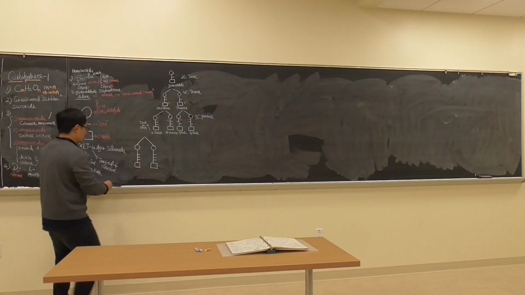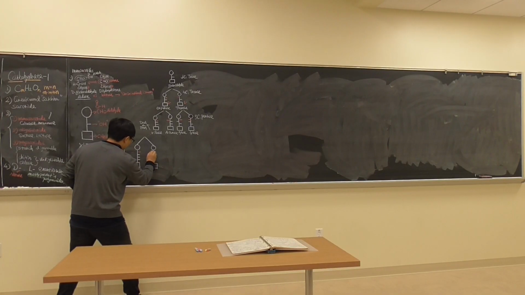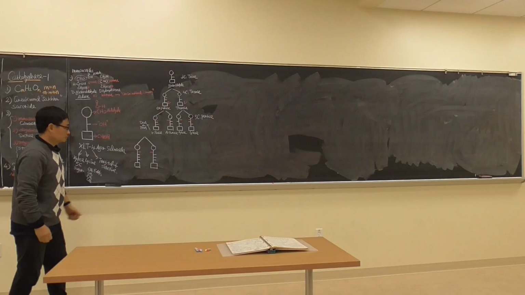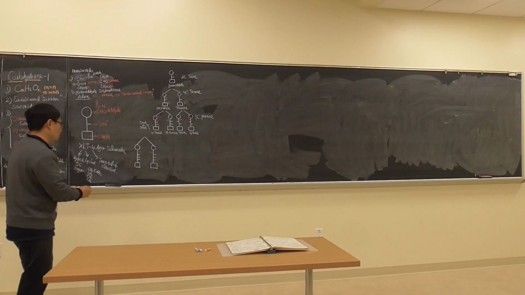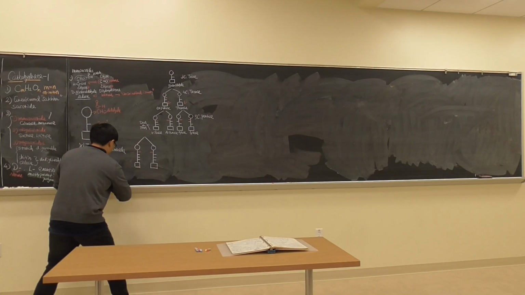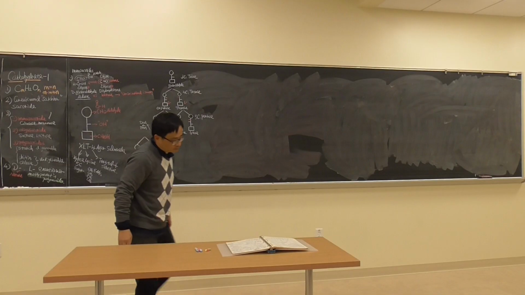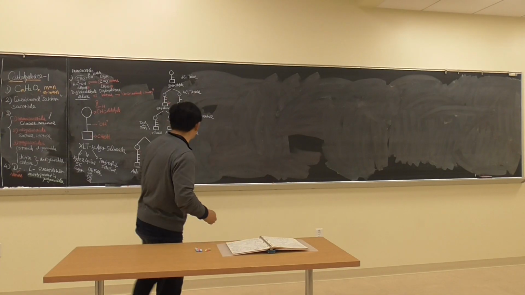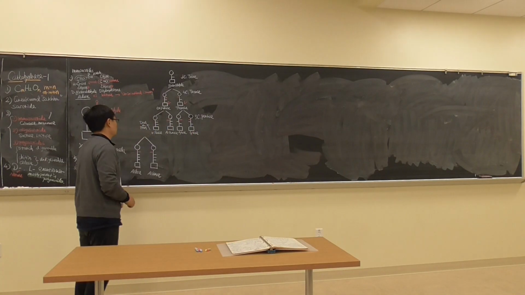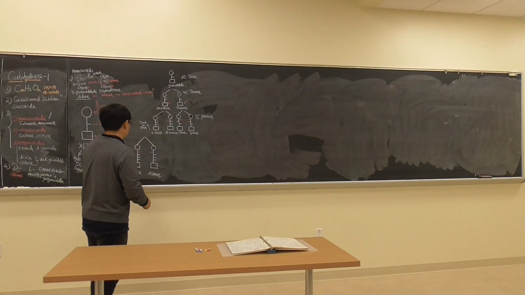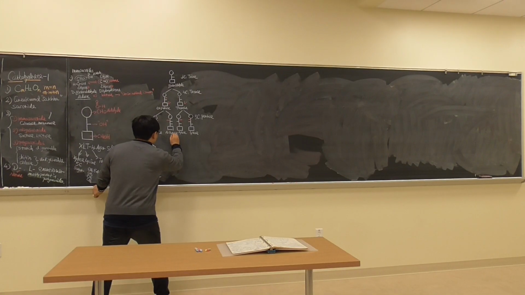Okay, let's do it. Add one on the right, add one on the left. What is this guy? Not many people know. Allose. What is this guy? Altrose. Okay, allose and altrose, not many people know. This second one is a big deal.